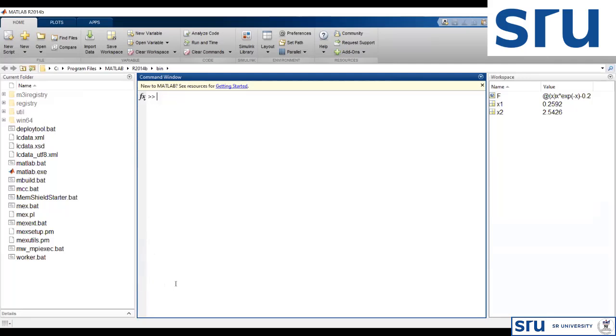Another function we discussed just now was x cube plus x square minus 22x, that value. So here also you have to take the limit, minus 10 to 10, then the y value.